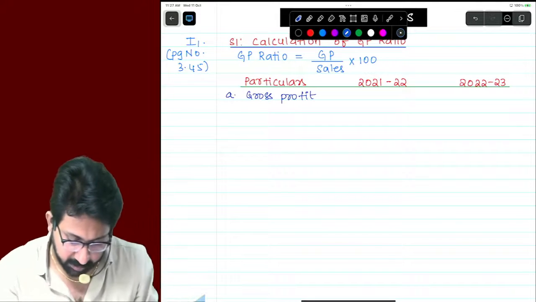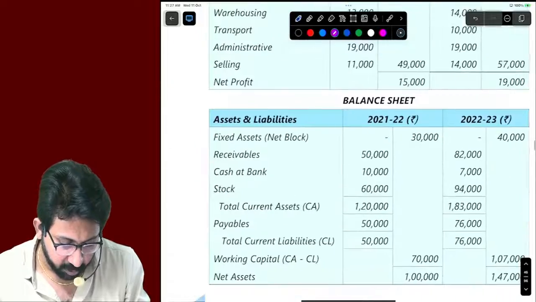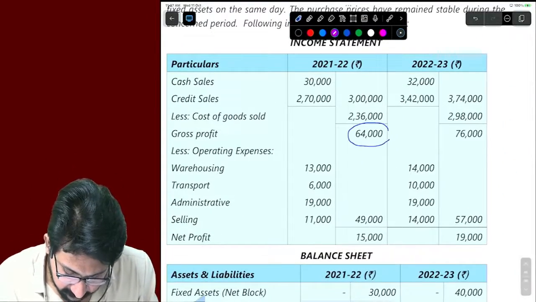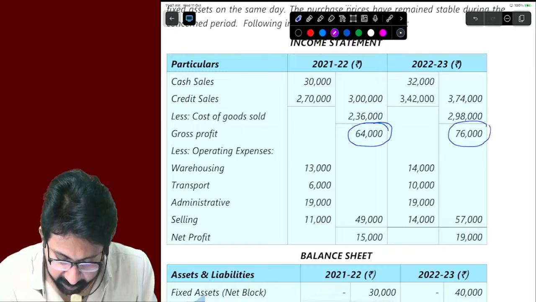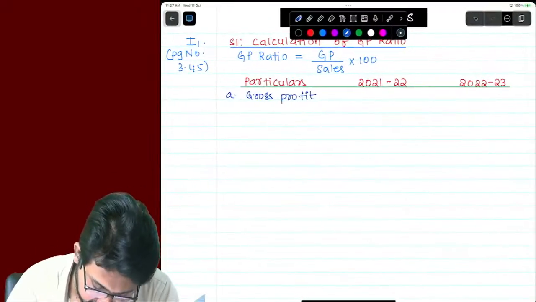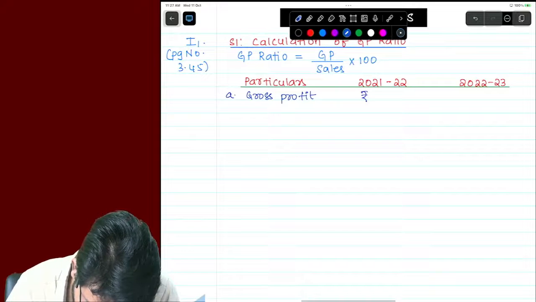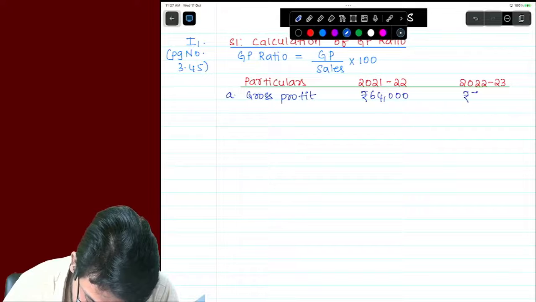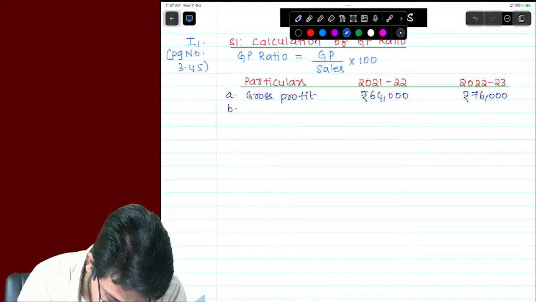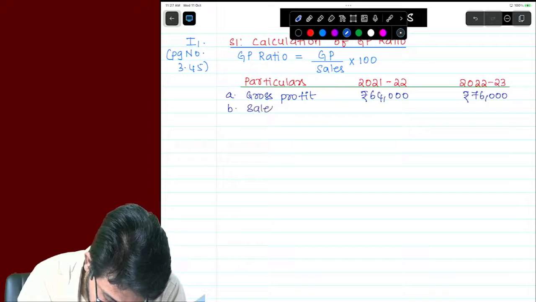See the question. 21-22 year, what is the gross profit? 64,000. 22-23? Write down 64 and 76. Next, B. Sales.